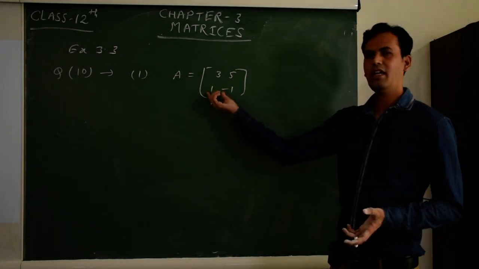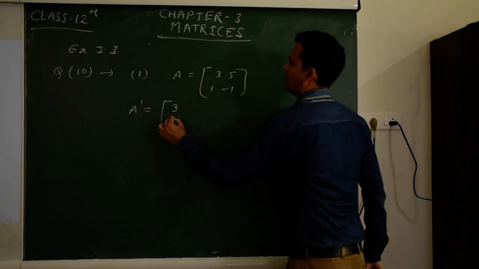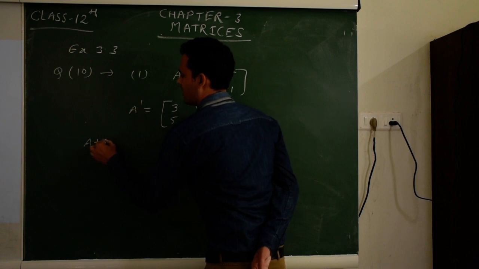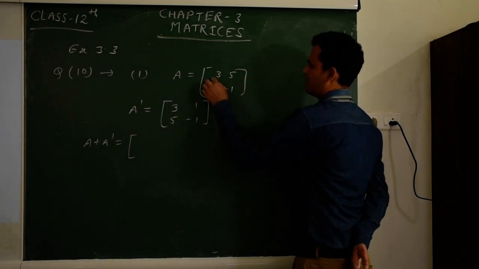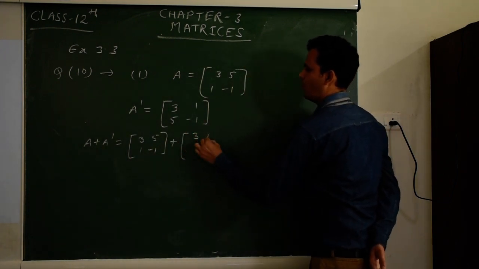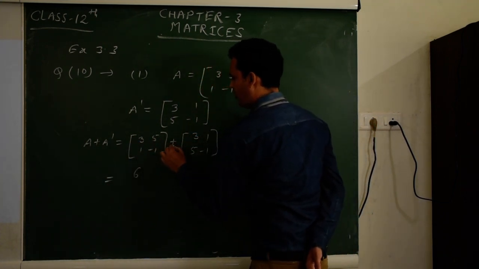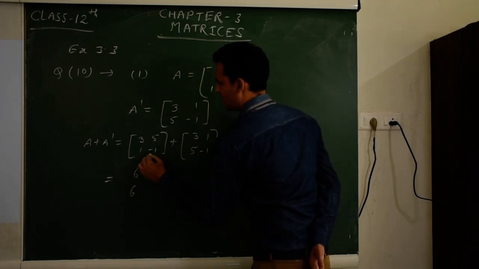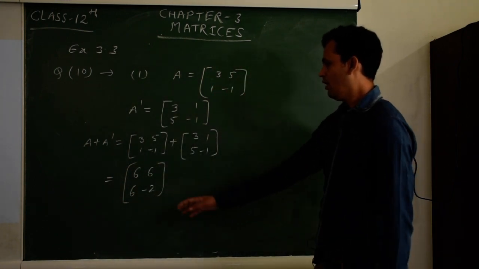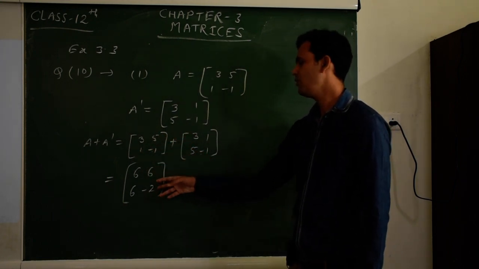So we have A, then we first find A dash, changing rows into columns: [3, 5; 1, -1]. Now first A plus A dash. A is [3, 5; 1, -1] plus A dash [3, 1; 5, -1]. That gives 3 plus 3 is 6, 5 plus 1 is 6, 1 plus 5 is 6, and -1 plus -1 is -2.